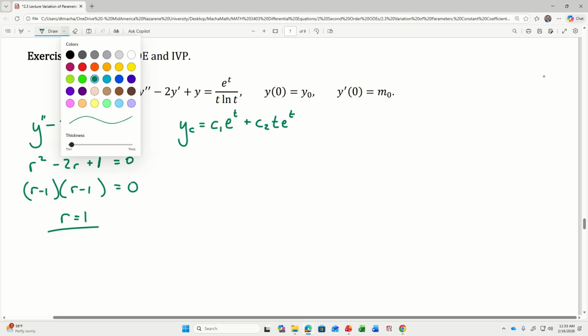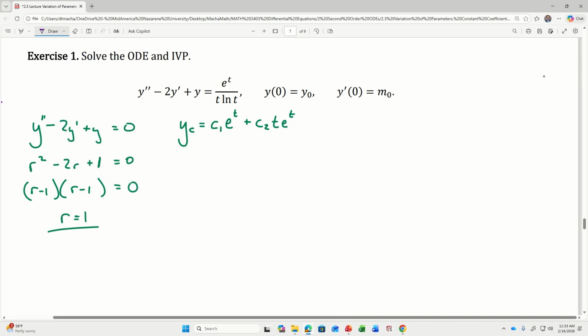The way that we go about variation of parameters is we say my particular solution is going to look like u1 e to the t plus u2 t e to the t.